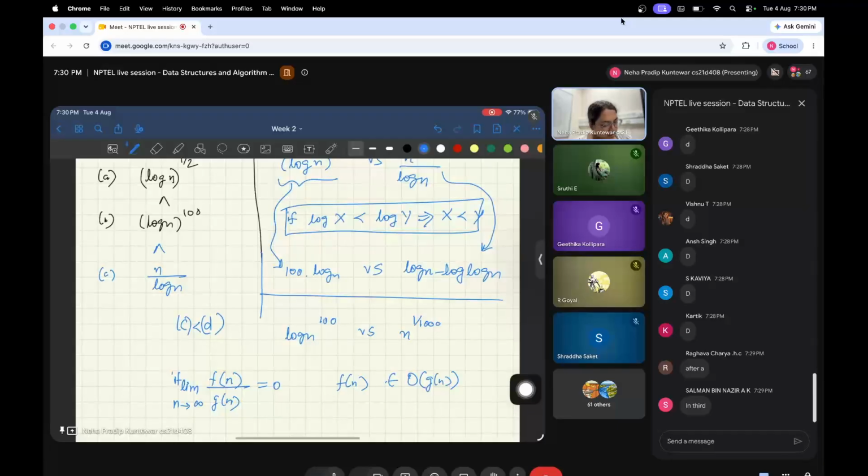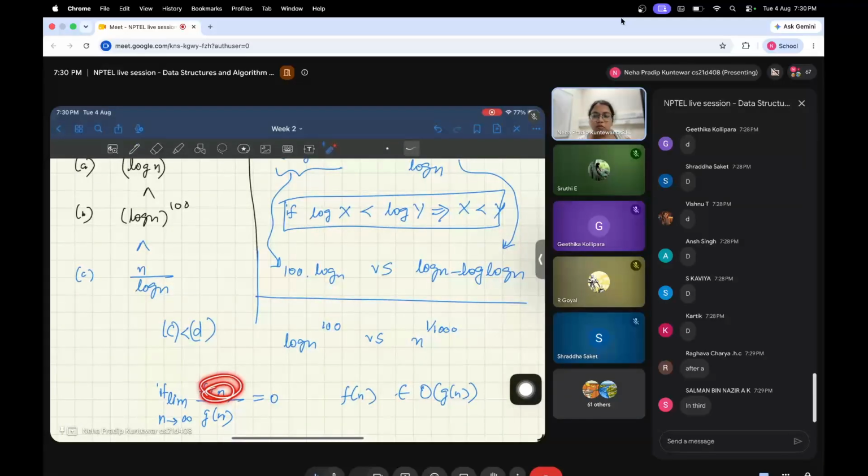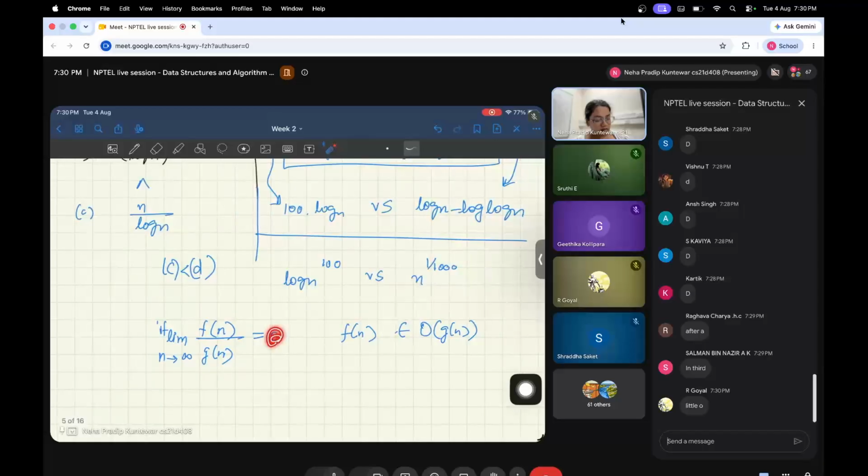That means the quantity in the numerator is much smaller than the quantity in the denominator when you look at its behavior as n tends to infinity. That's why this quantity is close to 0. Yeah, you're right, so this should be little o.